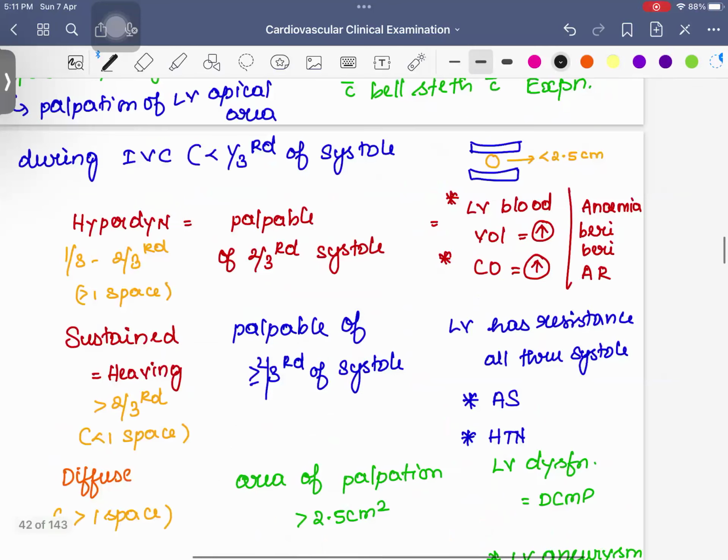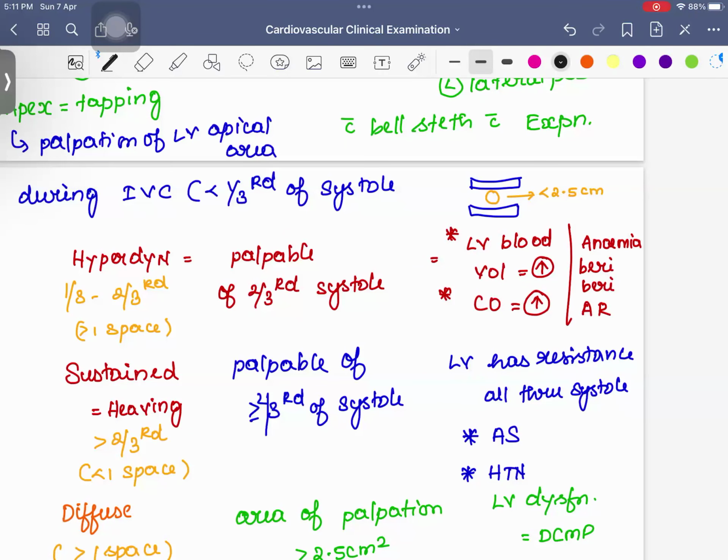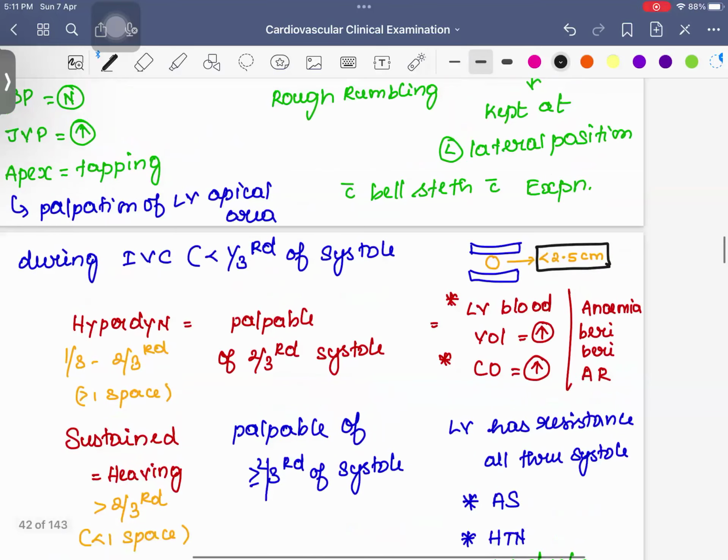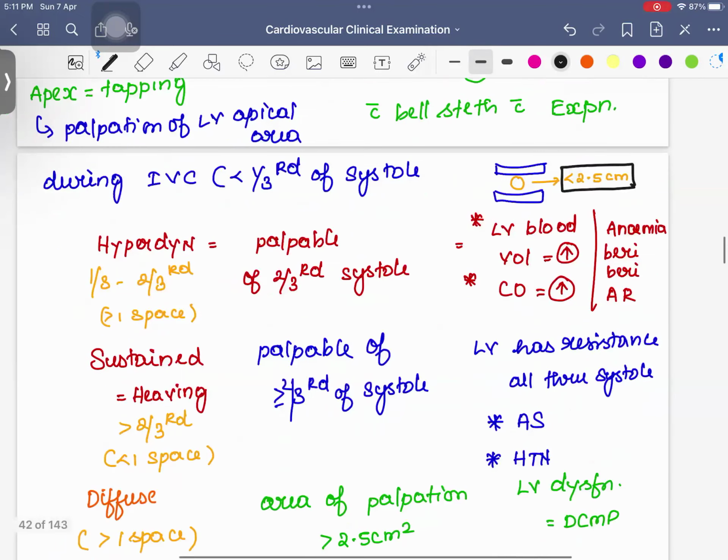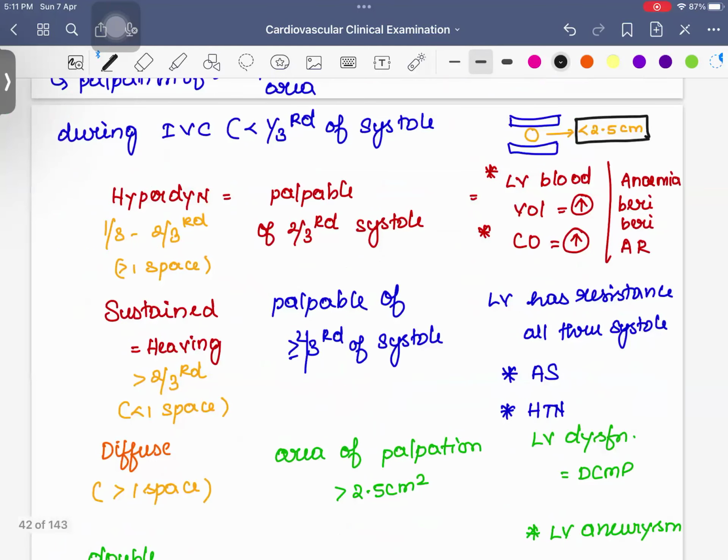The apical impulse can maximally occupy an area of less than 2.5 centimeter. Whenever it is more than 2.5 centimeter, it is abnormal. The apical impulse is a gentle tap, and this tap becomes abnormal whenever there is some valvular pathology.